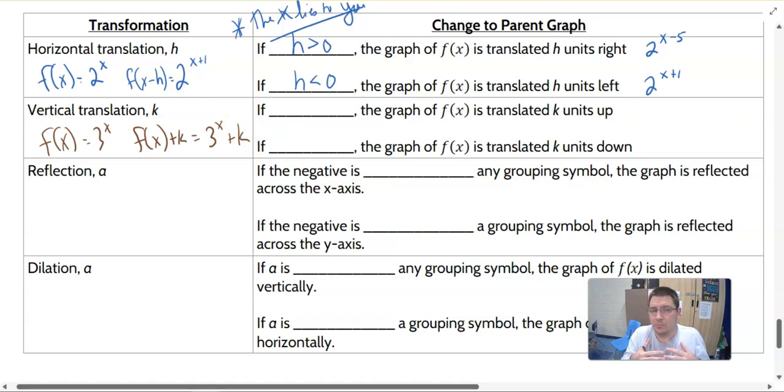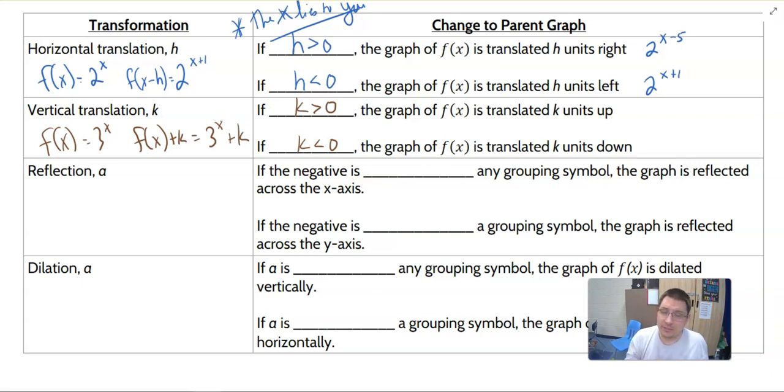And so, again, if it's +5, we're going to go up 5. And so if k is greater than 0, this will shift the graph up that many units. And if the k is less than 0, that's going to shift our graph down that many units. And so, again, it's not attached to the x, so it's not lying to us. It does exactly what it says in the vertical direction every time.